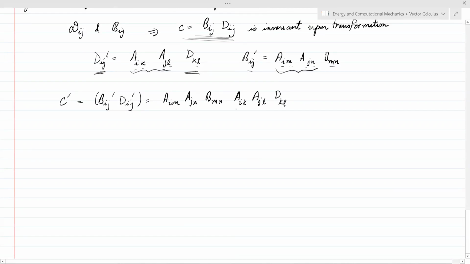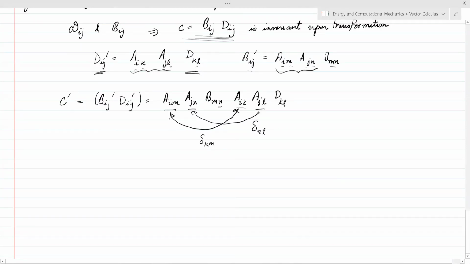Okay. I want you to notice now that AIK, AIN, these two right here, is the Kronecker delta, delta KN. And this right here is also a Kronecker delta, delta NL.